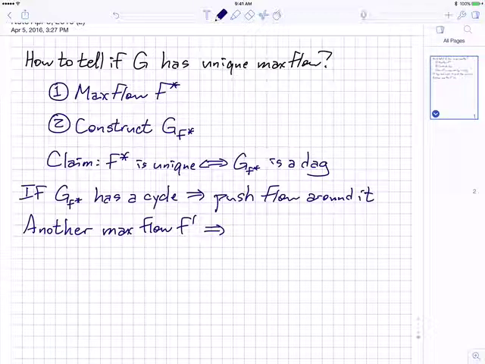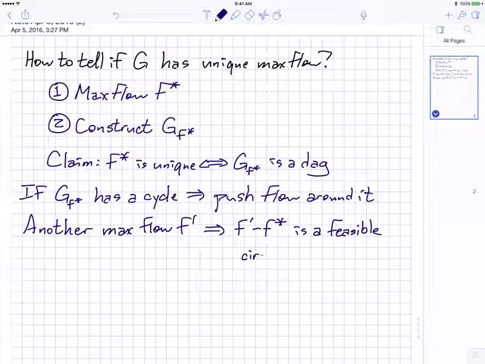So I'm going to try to do the same thing here. I'm going to argue that there's a way to get from F star to F prime by pushing flow around in the residual graph of F star. And the short way of saying that is F prime minus F star is a feasible circulation in this residual graph.